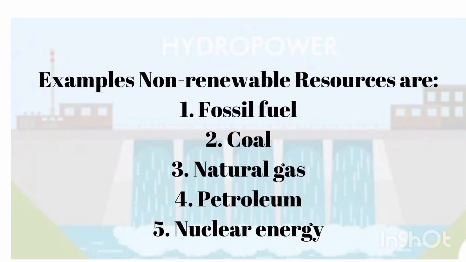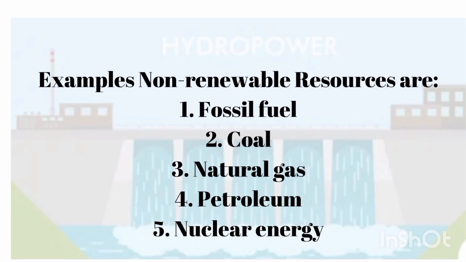Coal is used as a fuel to generate electricity and in factories and steam engines. Number 3, natural gas. Natural gas, also known as compressed natural gas, is an excellent alternative to petrol and diesel. It burns quickly and generates a large amount of heat, and it is an excellent form of hydrogen.